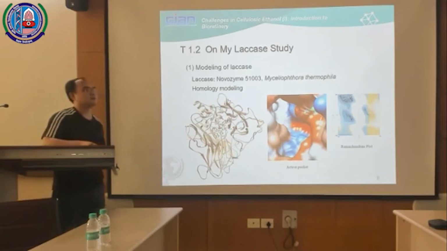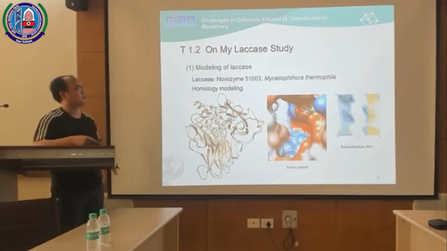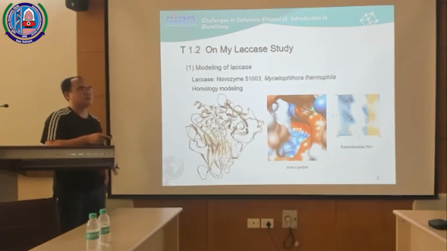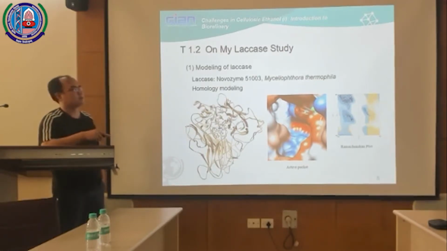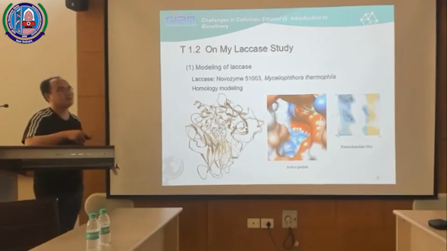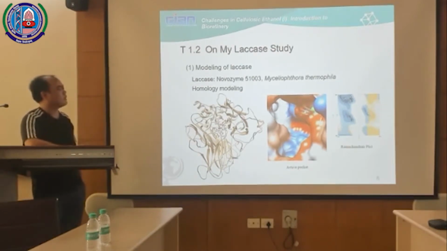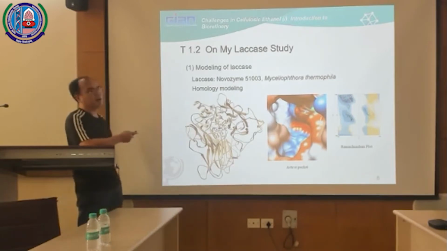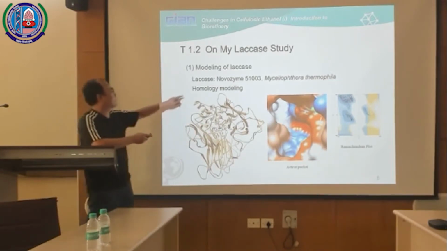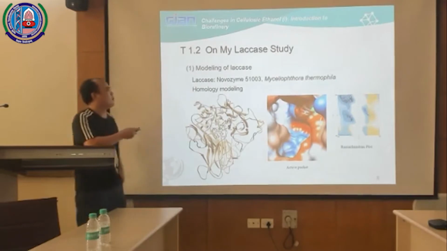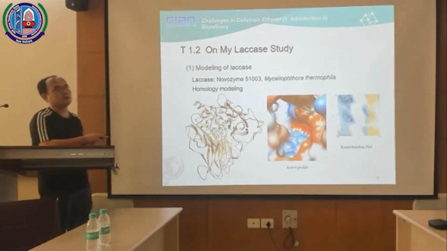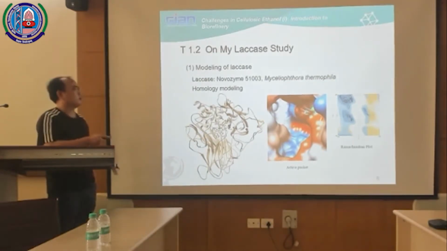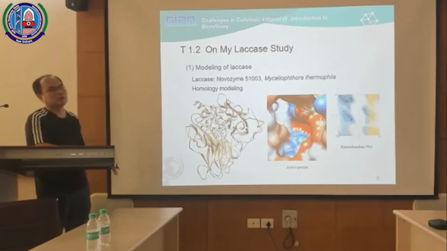In the patents, they provide the original sequence of this laccase, slightly different from the NCBI database information. So, with the help of Dr. Kunit, I did the homology modeling first, using an online server.